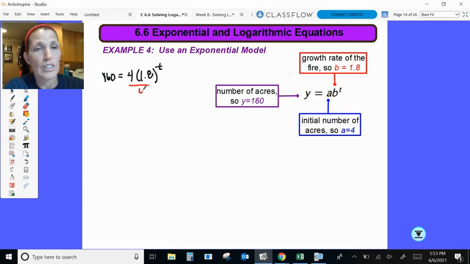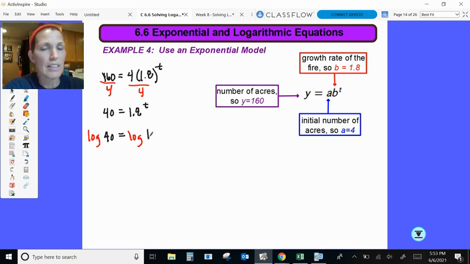First of all, we divide by 4 here, and we end up with 40 equals 1.8 to the t, okay? Then I'm going to take the log of both sides. So log of 40 is going to equal log of 1.8 to the t.